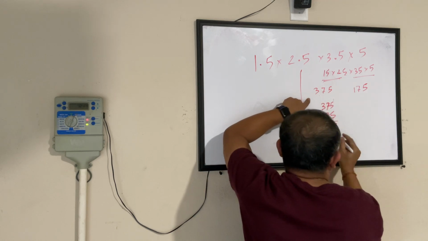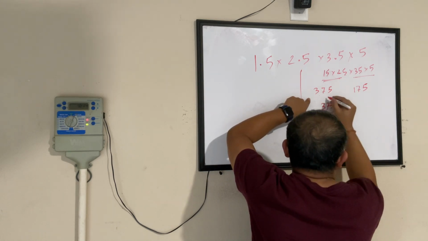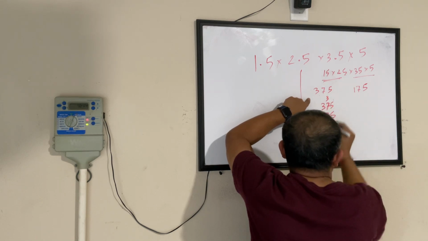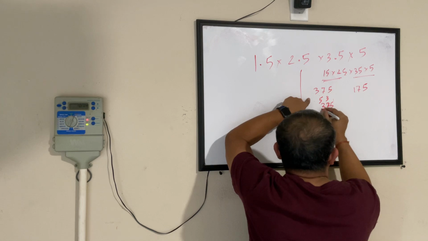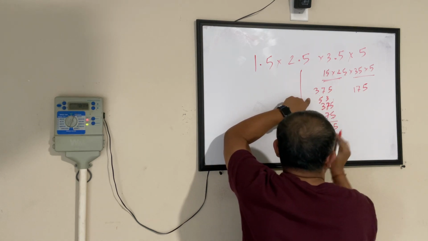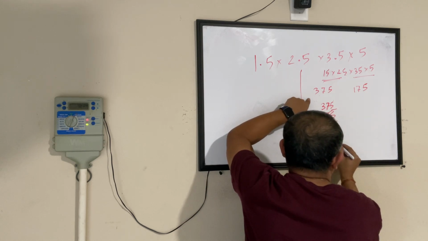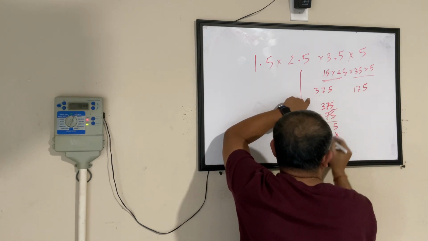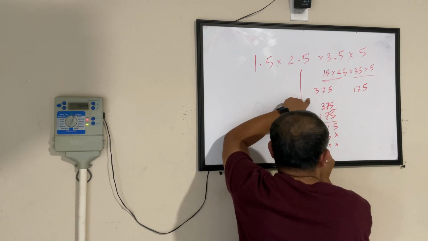Okay? Now I start from here, 7 times 5 is 35, 3 carry forward, 7 times 7 is 49 plus 3, 52, 5 carry forward, 7 times 3 is 21 plus 5, 26. Okay? So this is done. Now this one. Move one more place: 1 times 5 is 5, 1 times 7 is 7, 1 times 3 is 3.